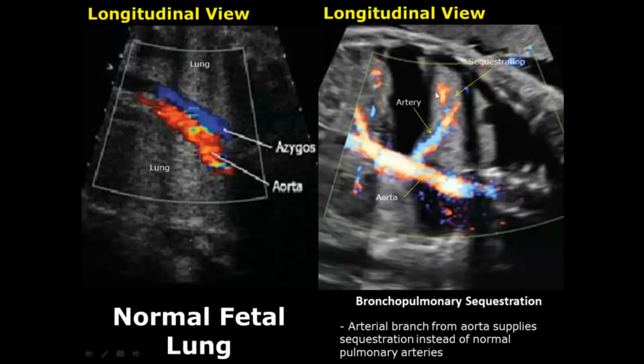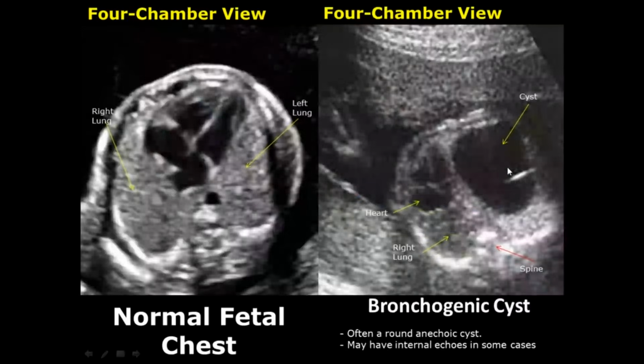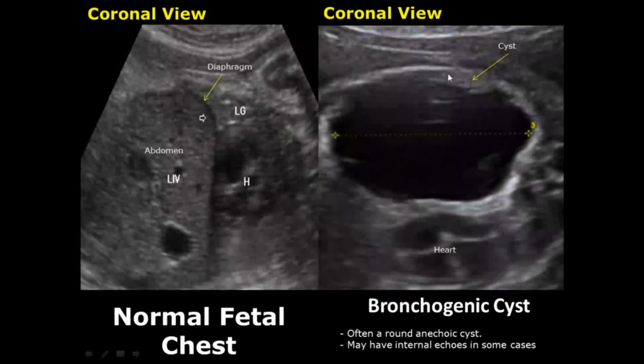It does not receive its blood supply from the pulmonary vessels. A bronchogenic cyst is a lung cyst which appears as an anechoic cyst, and it may have internal echoes, and if it is large enough it may cause a mediastinal shift. Here is a large bronchogenic cyst in the coronal view causing mediastinal shift.